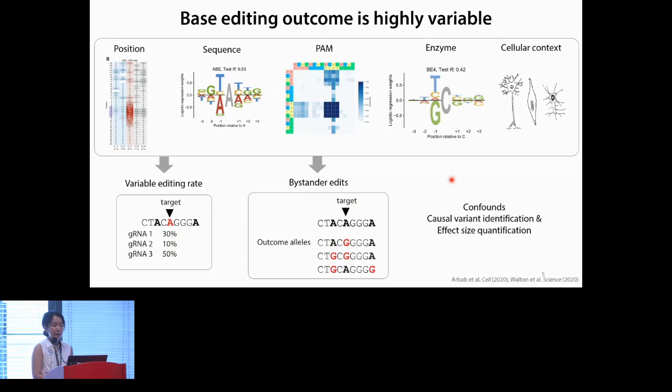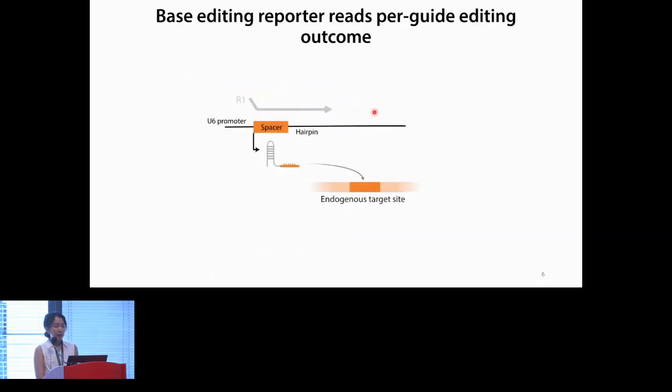So our experimental collaborators tried to overcome this limitation by developing a clever and simple trick. Here, as I briefly touched upon, we originally had a spacer sequence which will be transcribed into guide RNA and will target the endogenous target DNA.